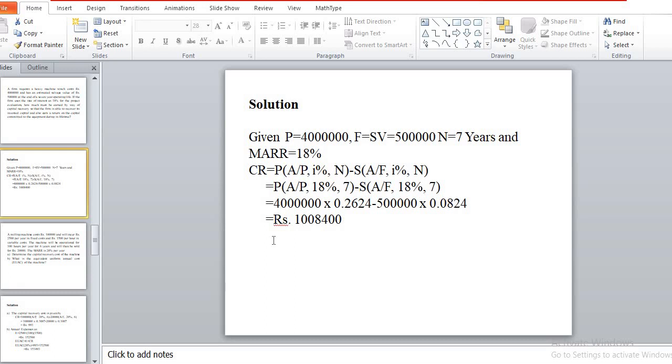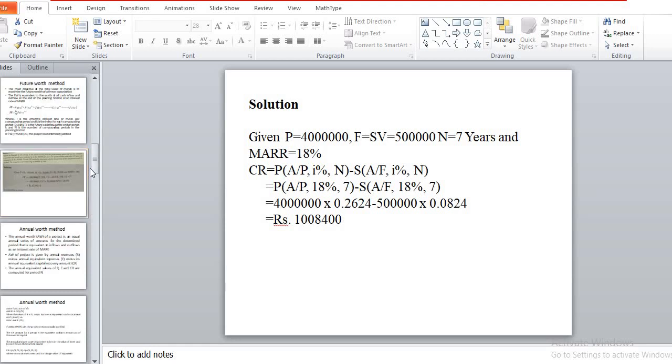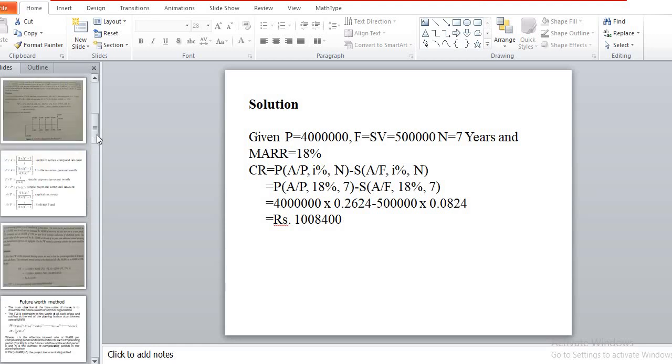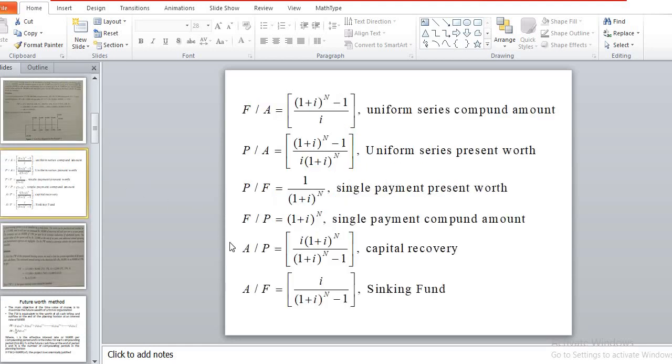In this example, again we show this table. Previously, A by P was represented as the capital recovery factor and A by F as the sinking fund factor, and these are calculated like this.